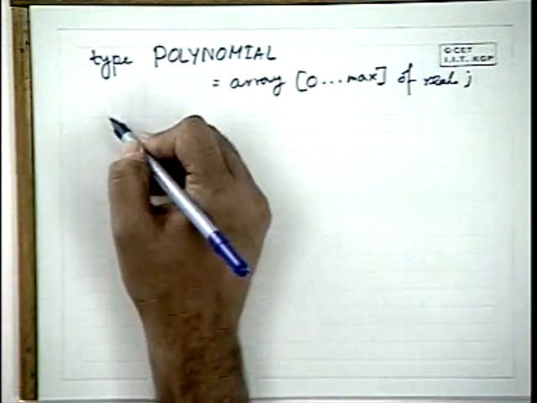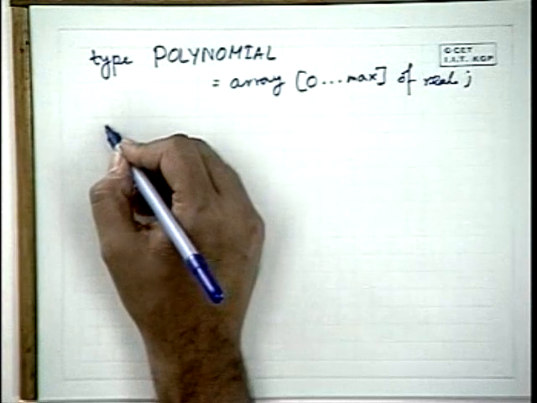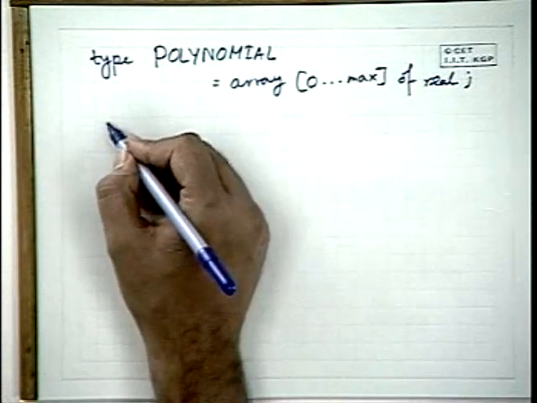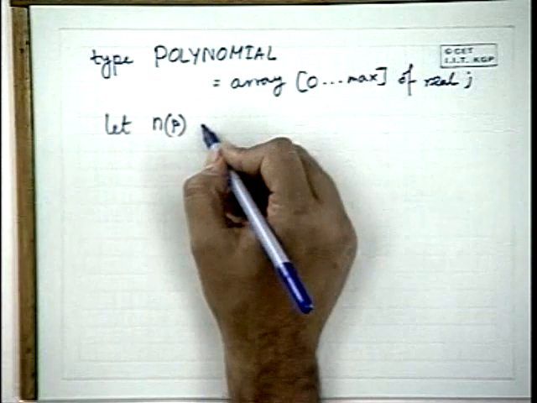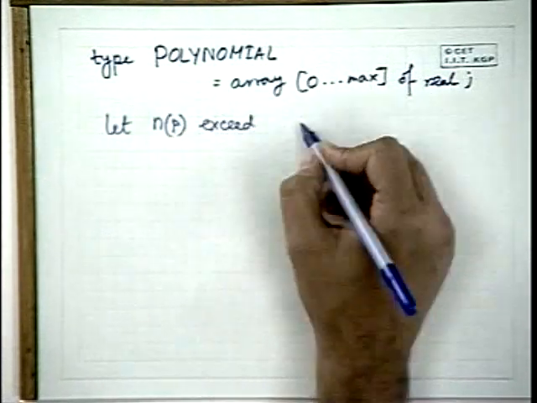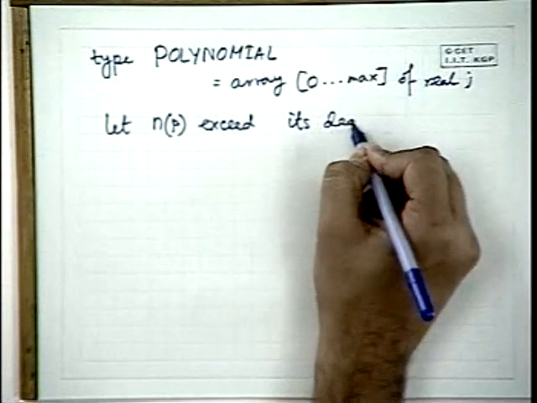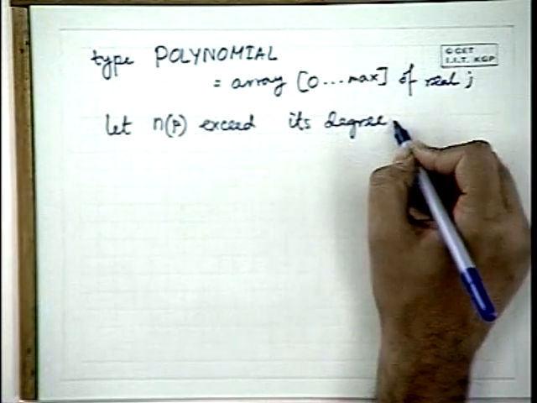Now there is another convention. For a polynomial P, we let np be some value which is greater than or equal to its degree.